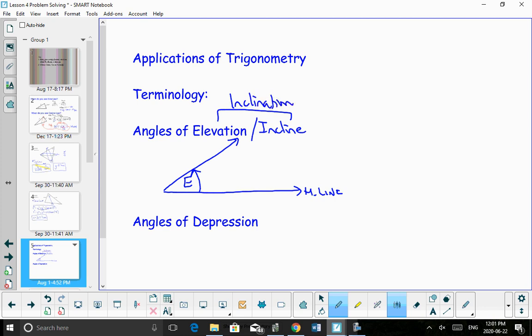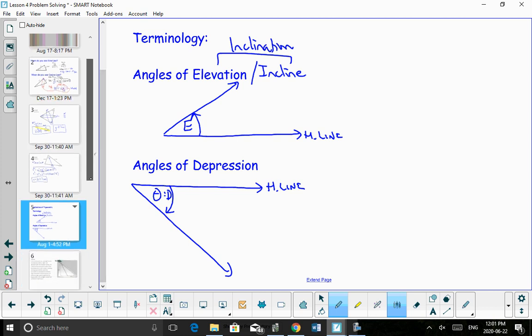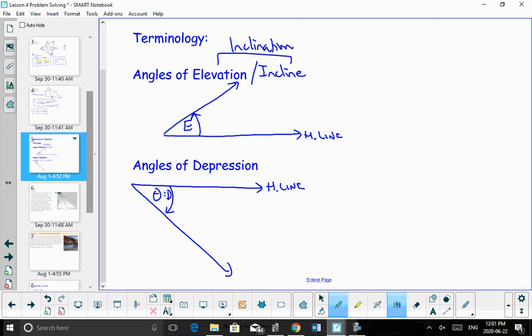Okay? Angles of depression, this one's a little trickier. Again, it has to be from a horizontal line, but this time the angle goes down. Okay, so that is the angle of depression. Okay, but it has to be from a horizontal line down. So I just want to go over those two words with you just in case you see them in a problem-solving question.